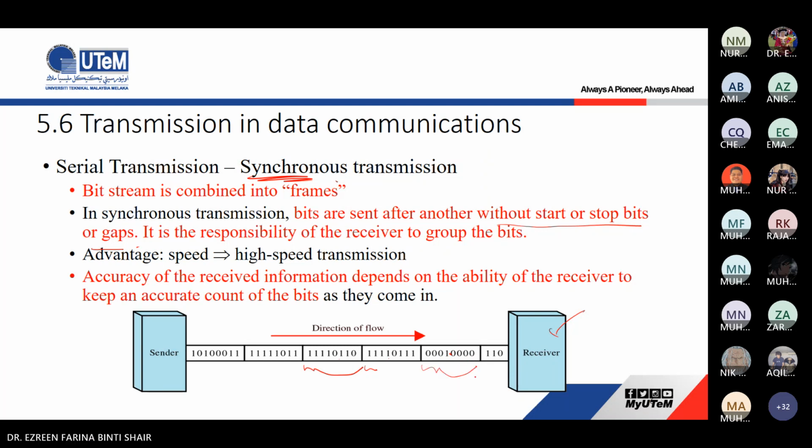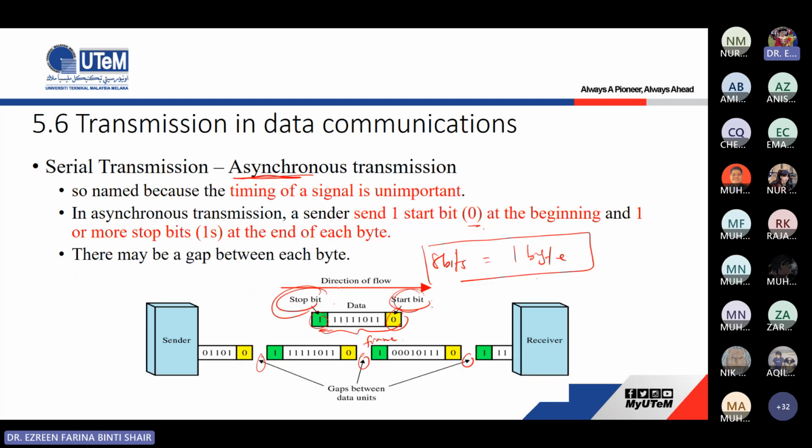Then the receiver can determine that this is one frame. The advantage of synchronous transmission is speed. It is a high speed transmission because you don't have the additional bits and you don't have the gaps. Asynchronous has the start bit, stop bit, and also the gap.